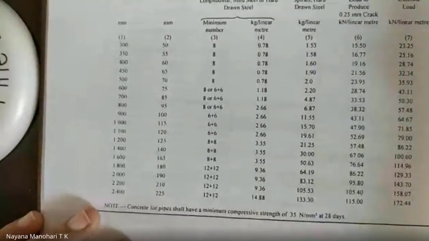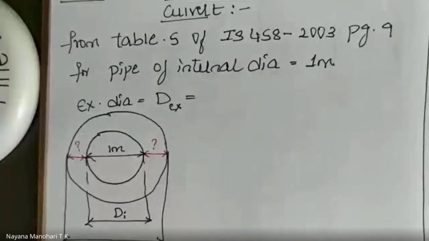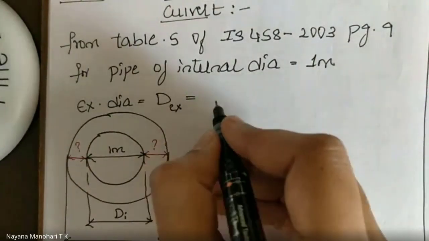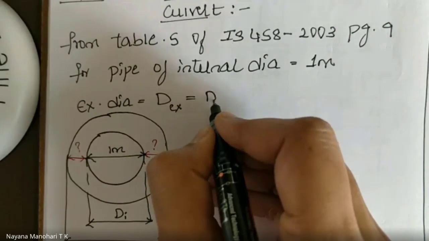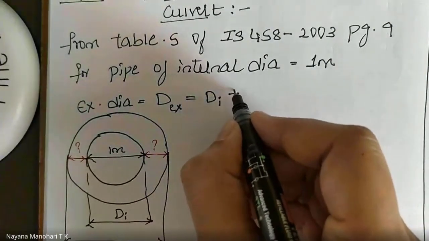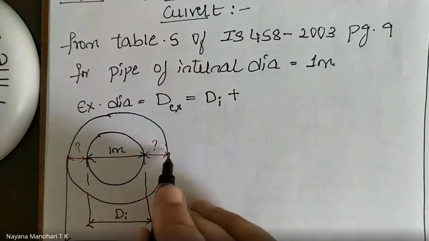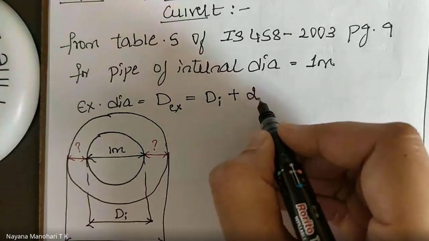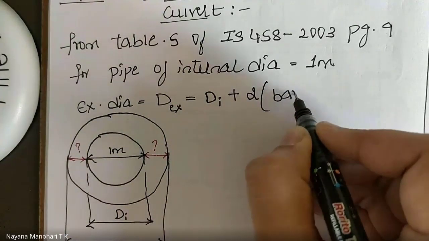Take down that external diameter equals internal diameter plus barrel thickness on either side, that is, twice the barrel thickness.